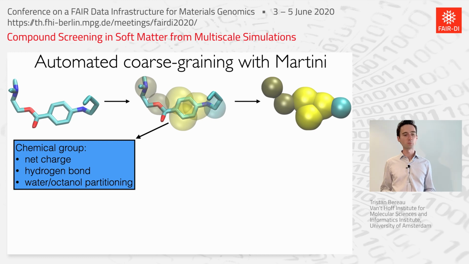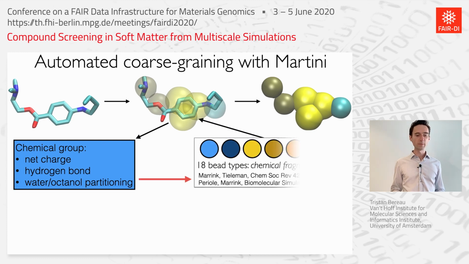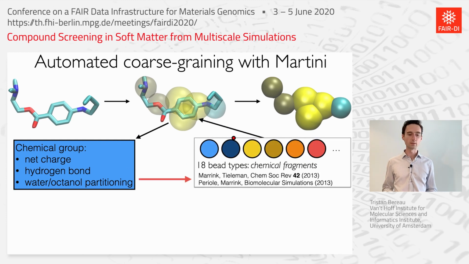So for a given molecule, that meant finding a way to place these beads in a correct way. And then for each bead, we look at the atoms within it. We look at the chemical properties of these atoms, of these chemical groups. And then from this, we pick the right bead type or chemical flavor that we want to encode. And Martini only allows a finite set of these bead types, and so we have to choose the right one.